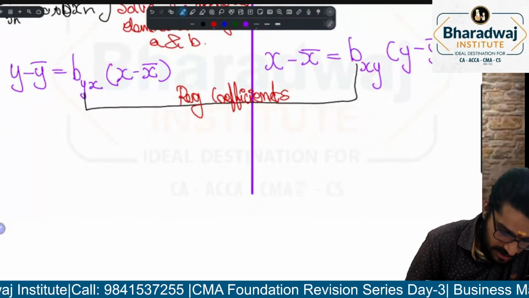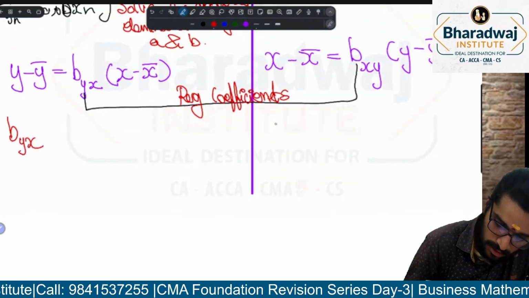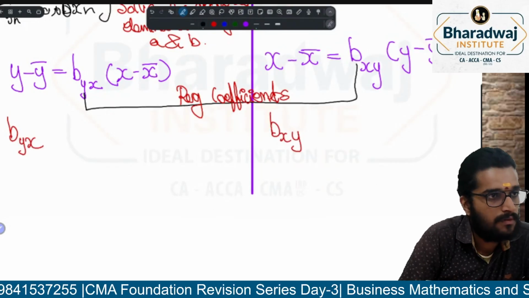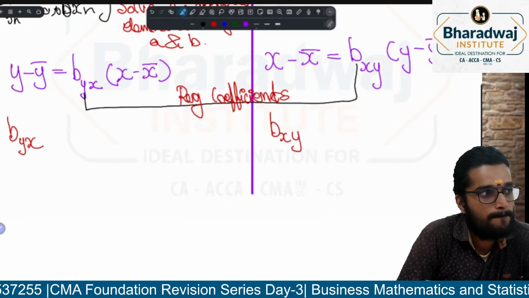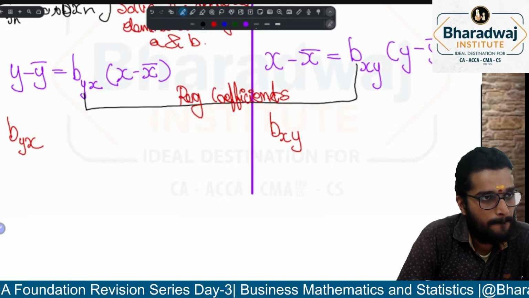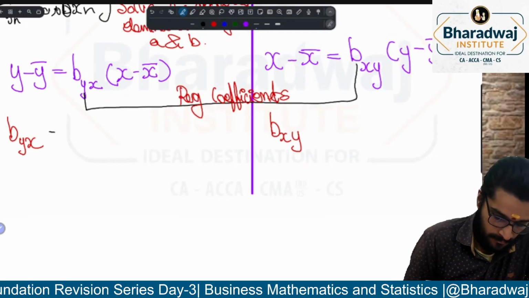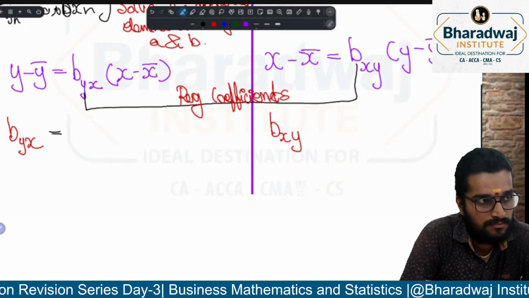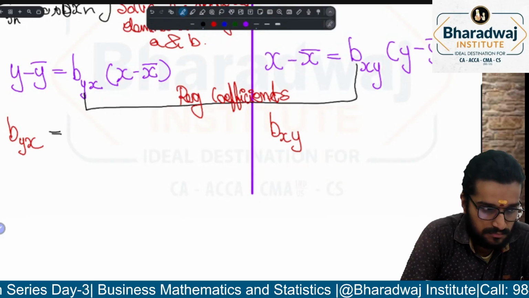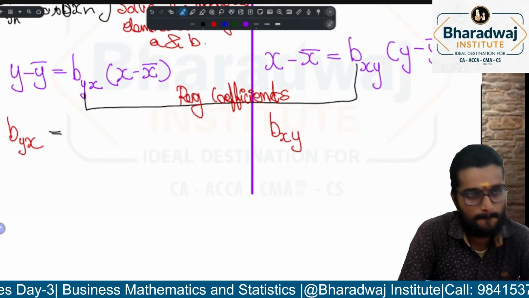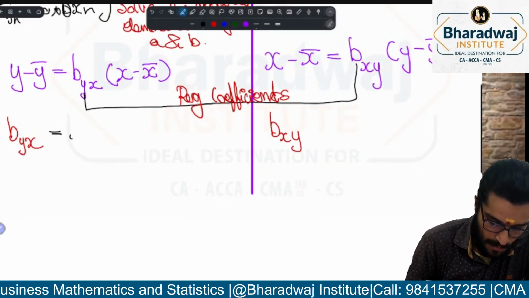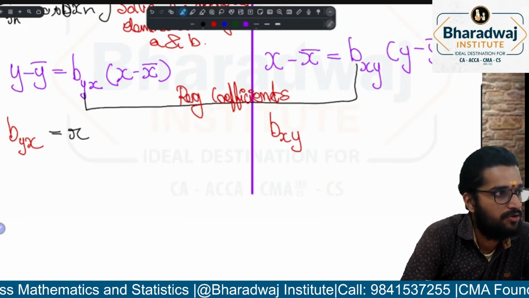Now how to compute this byx and how to compute this bxy matters. Take the correlation coefficient.